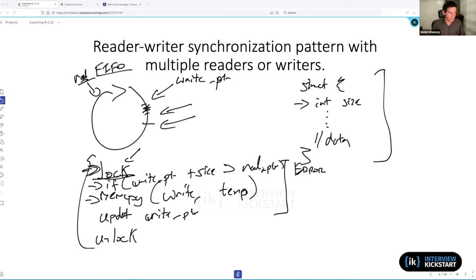The other approach would be to say that a writer is allowed to write at the same time someone is reading, because logically speaking, as long as you're not overwriting something that already existed, someone should be able to read something at the same time you're writing, because they're occurring at different locations in the buffer. So from that perspective, there isn't a need to have a global lock protecting it.